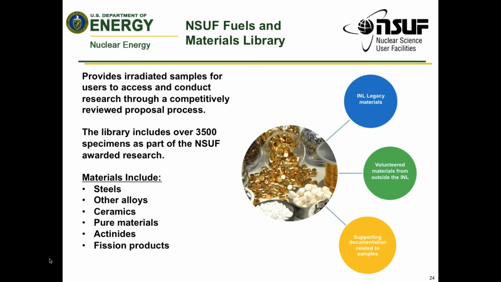Those are just the specimens that have come through NSUF awarded research irradiation tests, and we cover the full range of types of materials, steels and other alloys, ceramics. We have some pure materials. Of course, the actinides are of great interest. We have fission products. We have fuel type materials. But we're always looking to populate the NFML, the Nuclear Fuels and Materials Library, with as many materials as possible in good condition.